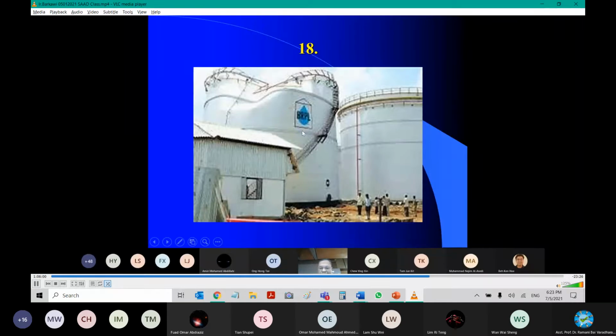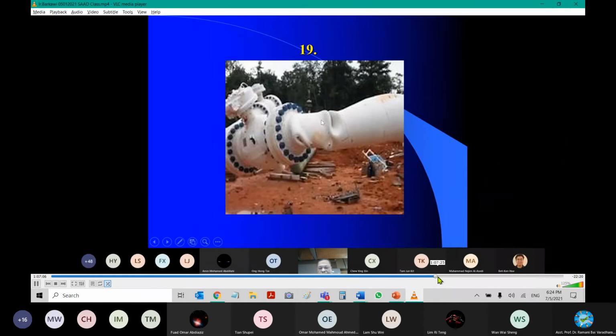Again, I don't think it is in Malaysia though. This is atmospheric pressure crushing. Usually it is washed using warm water and then left to cool, and then this is what happens. The internal pressure reduces, and you have the atmospheric pressure.